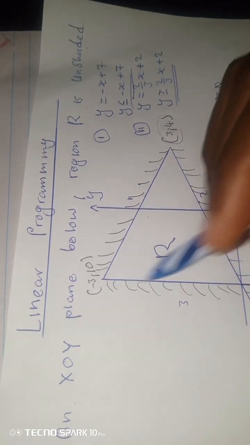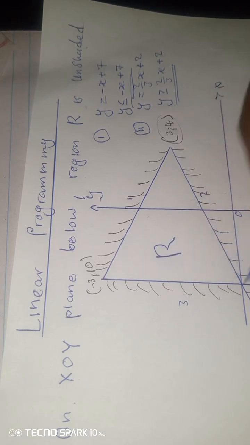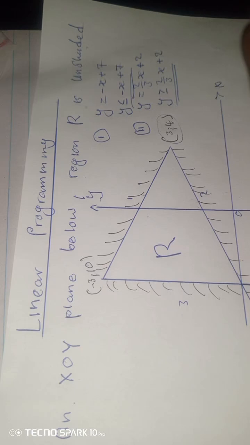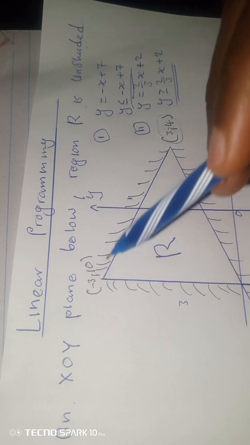So let's look at this, our last one. So for this one, this is the vertical line, and here when you look at x coordinates, it's constant for both points. Here it's -3, even there it's -3.